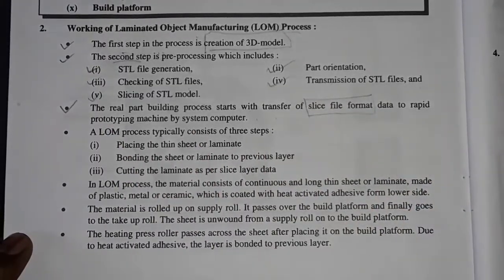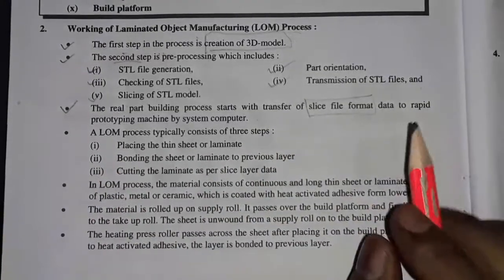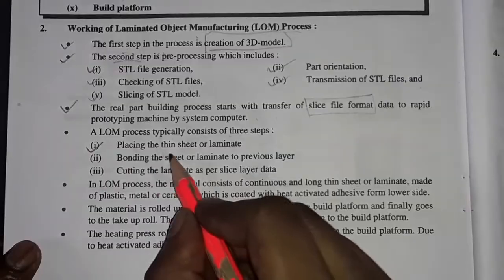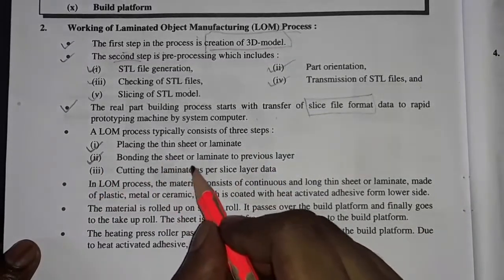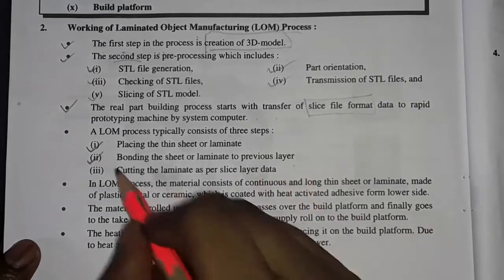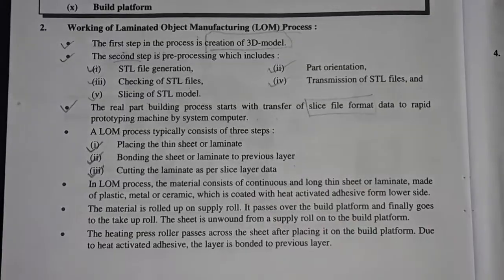Now the LOM process typically consists of three steps: placing the thin sheet or laminate, then bonding the sheet to the previous layer, then cutting the laminate as per the slice data.